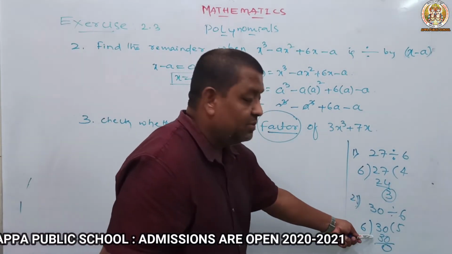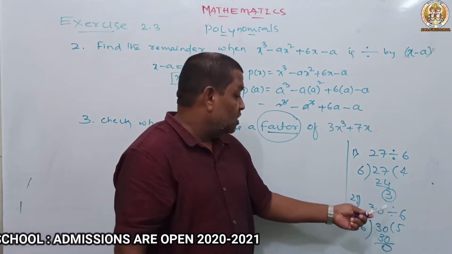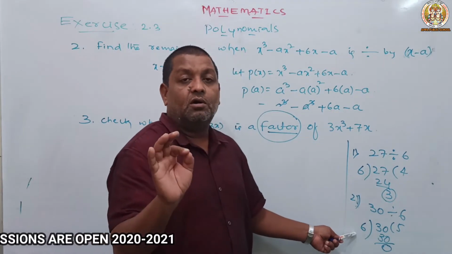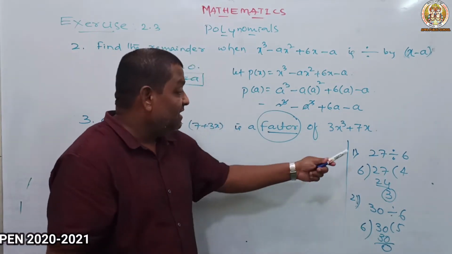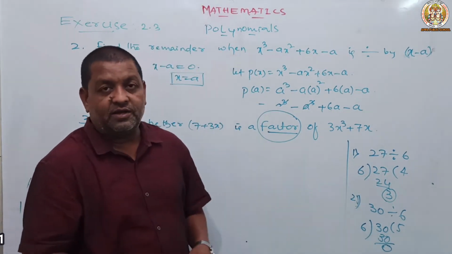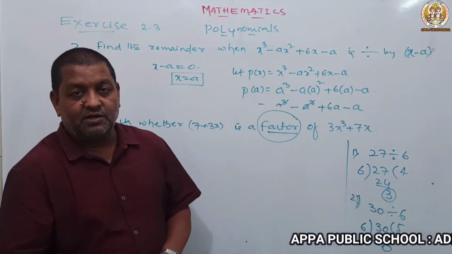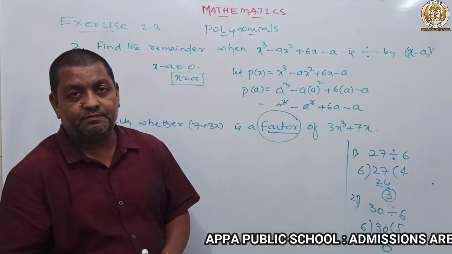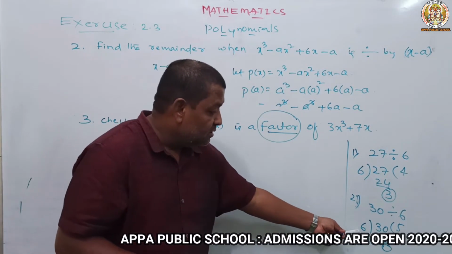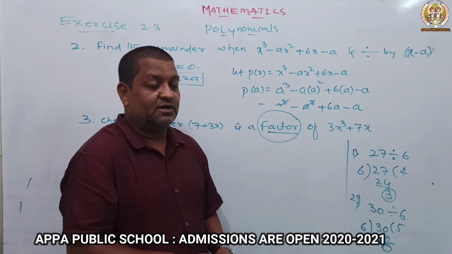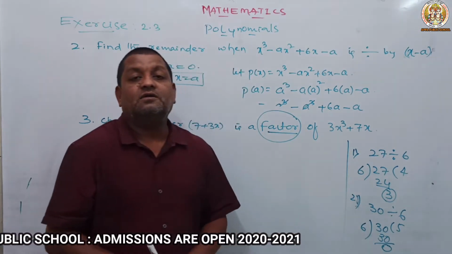Division is taken completely. That divisor only is called a factor. In the earlier case 6 is not a factor because 3 remains as a remainder, the division does not end. But here we can tell 6 is a factor because we got remainder 0.